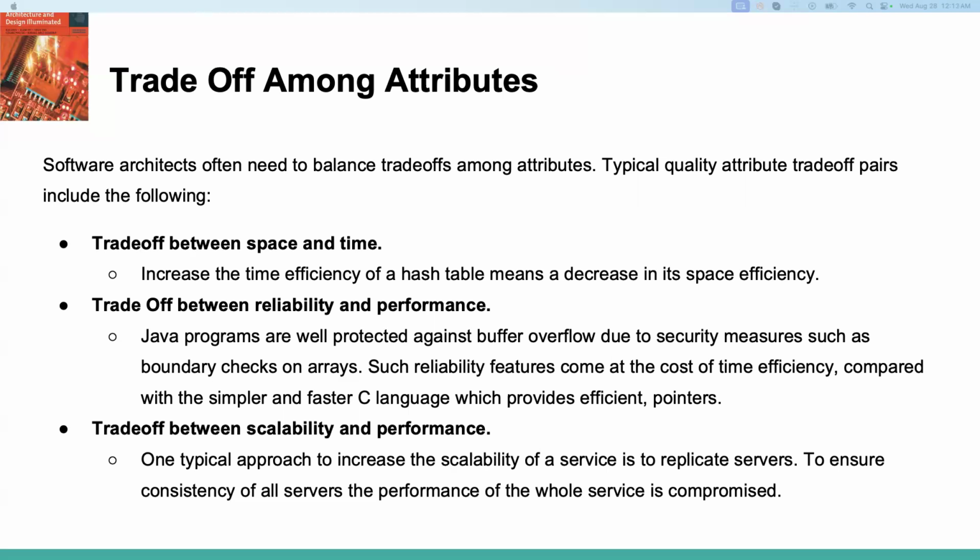To make a service more scalable, we might replicate servers. However, ensuring that all of these servers stay consistent can slow down overall performance, like trying to keep everyone on the same page in a big meeting. Navigating these trade offs is a key part of the architect's job, ensuring the software meets both technical and business goals effectively.